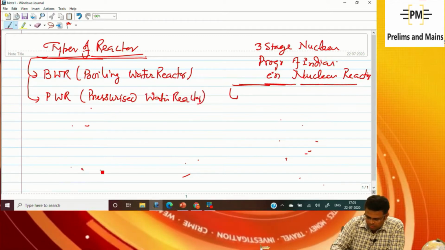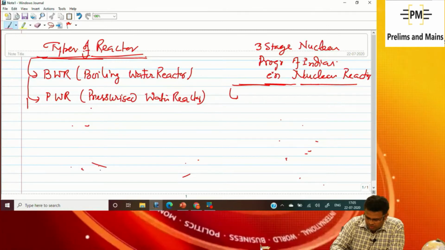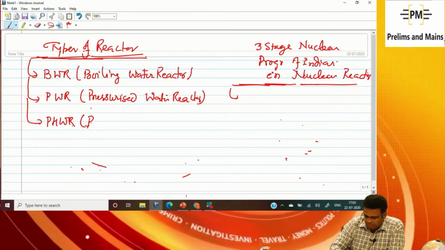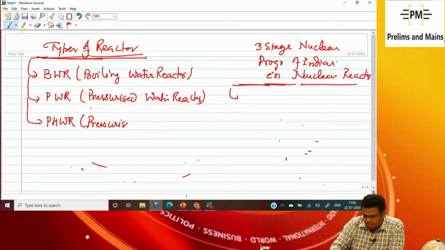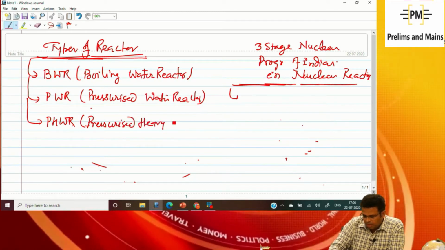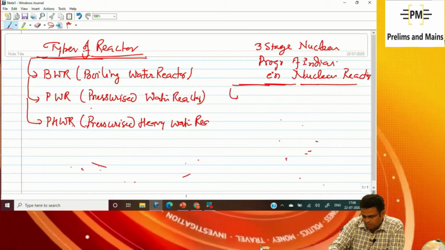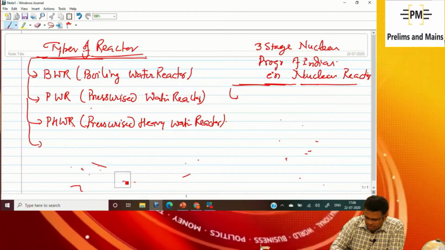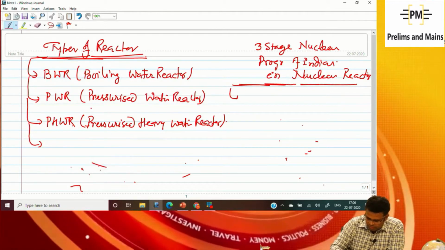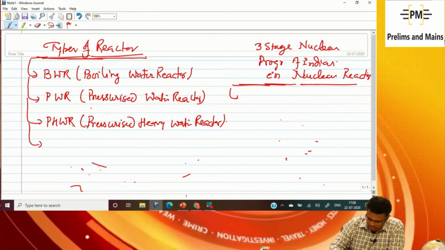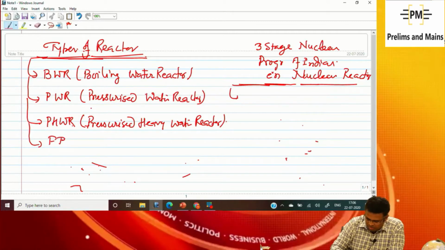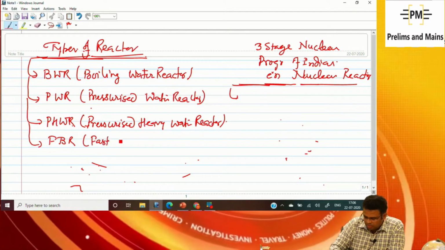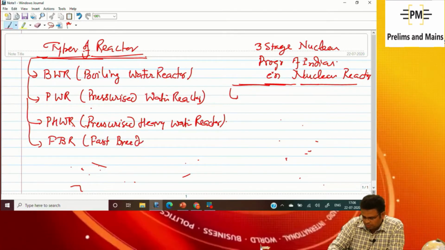Thereafter PHWR, pressurized heavy water reactor. Then we have FBR, fast breeder reactor.